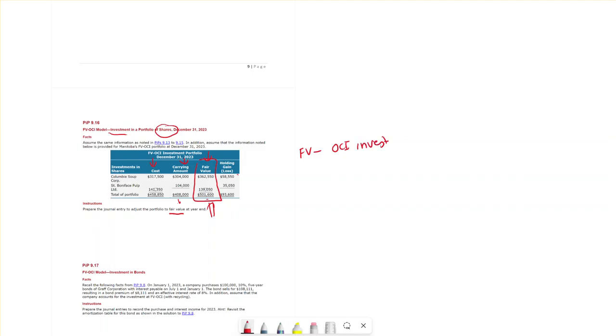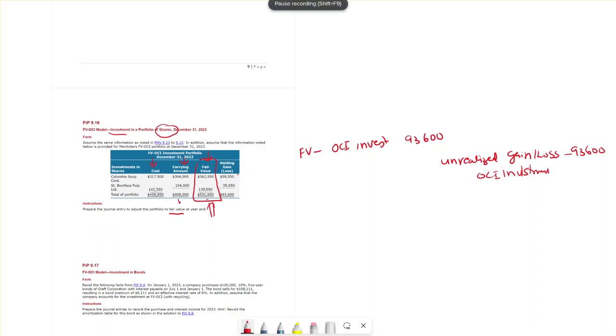That will be 93,600, and credit will be your unrealized gains. You could have one equity, or you could have more than one, but the entry does not change. Unrealized gain and loss on OCI investments, that is 93,600.